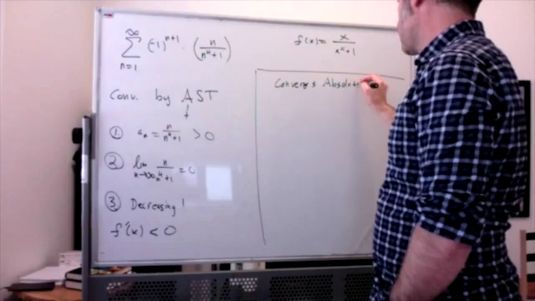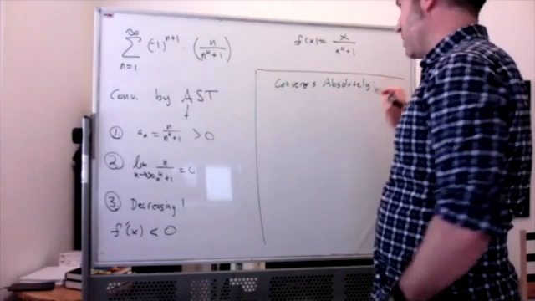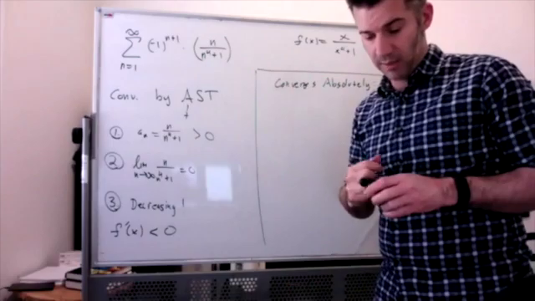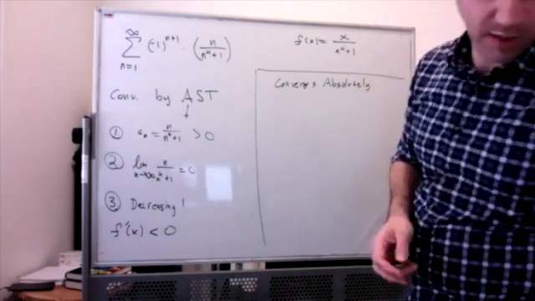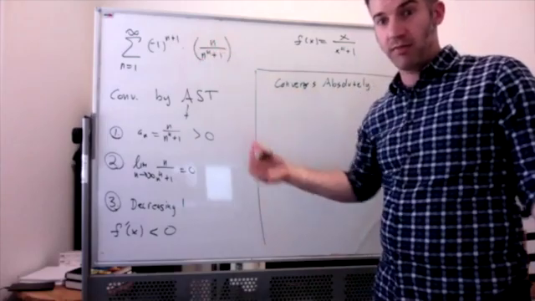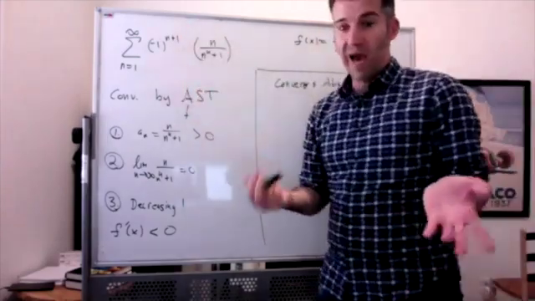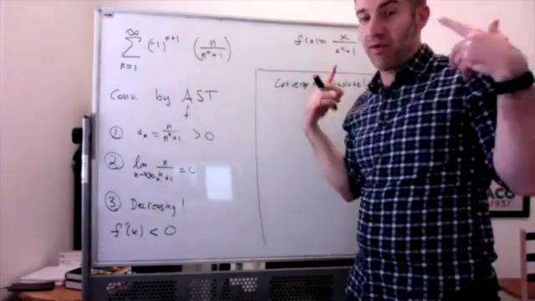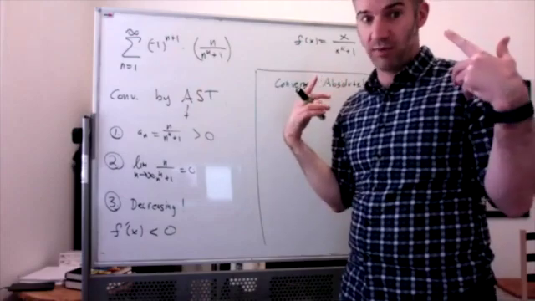So typically, if I am asked about something and I see that it's alternating, or even more generally, not always positive, with terms going back and forth between positive and negative, I'm always going to at least think about trying the absolute convergence test first.